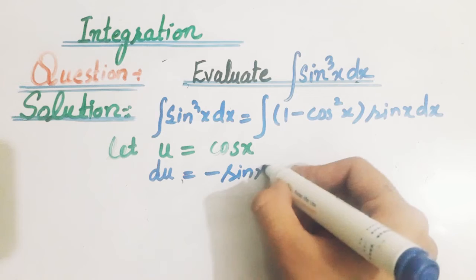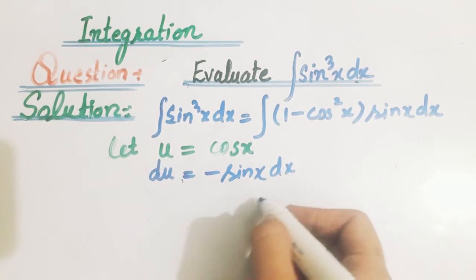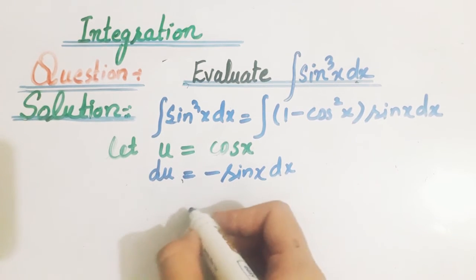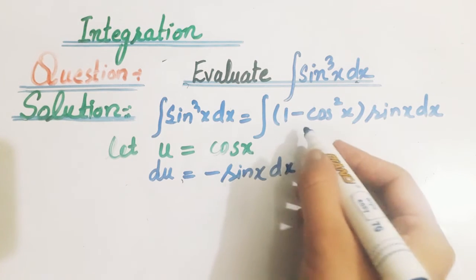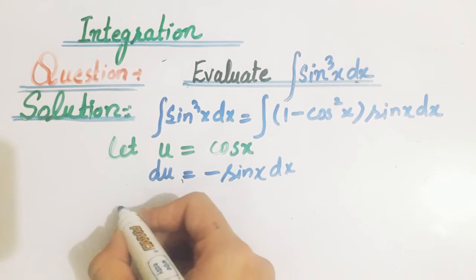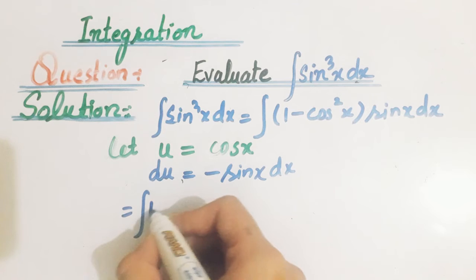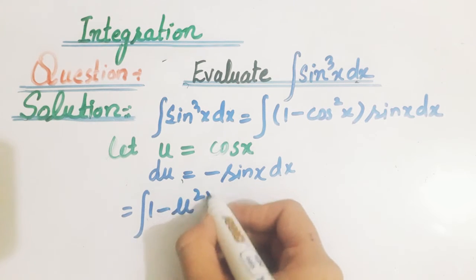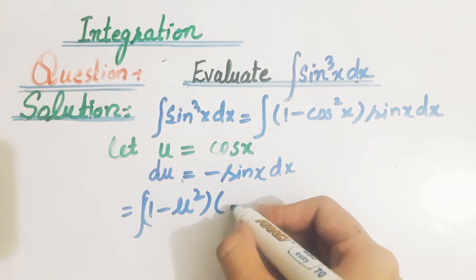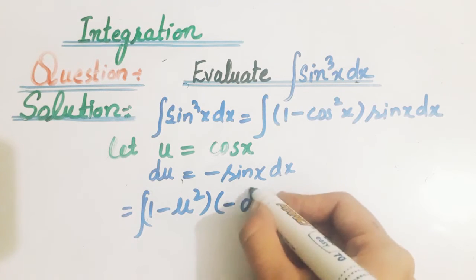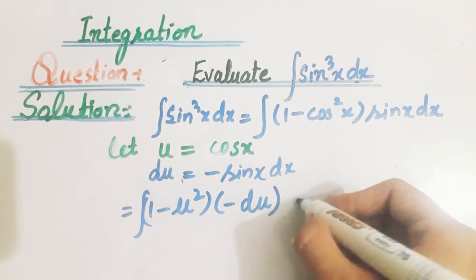So du equals minus sin x dx, and now we will substitute the values in this function. 1 minus cos²x will be equal to 1 minus u², and sin x dx equals minus du.